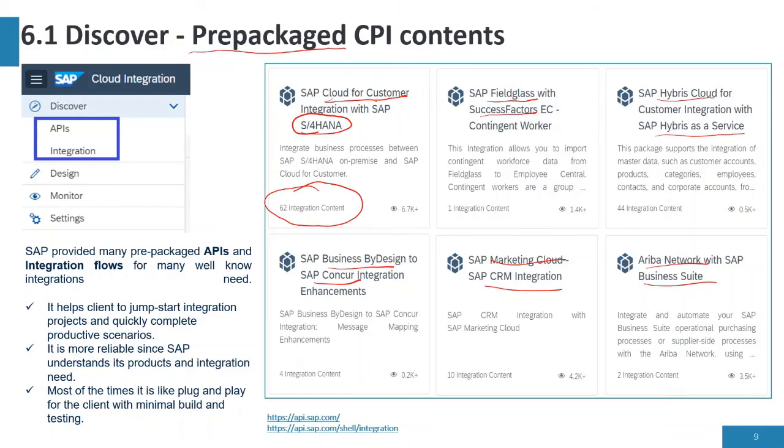Here you can see C4C with S4 HANA has 62 integration content. Hybris Cloud to SAP Hybris as a Service has 44 integration content. So SAP has built many pre-packaged contents, and it can be an integration flow or an API endpoint as well.